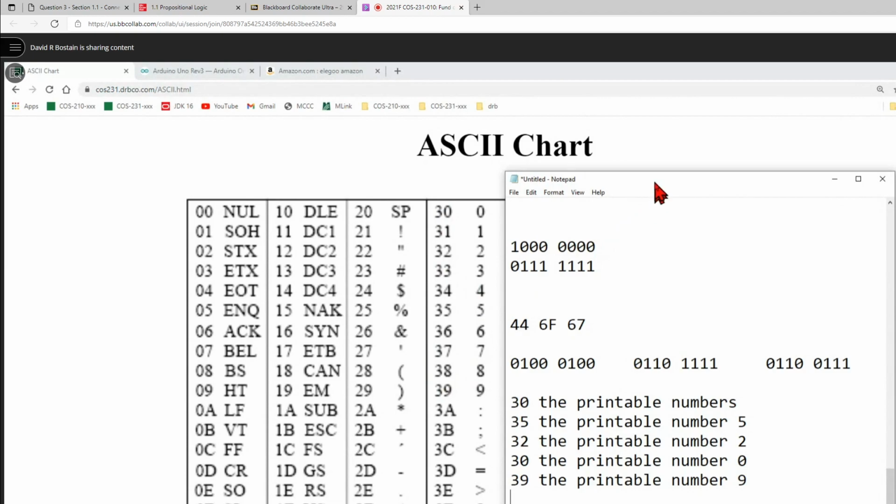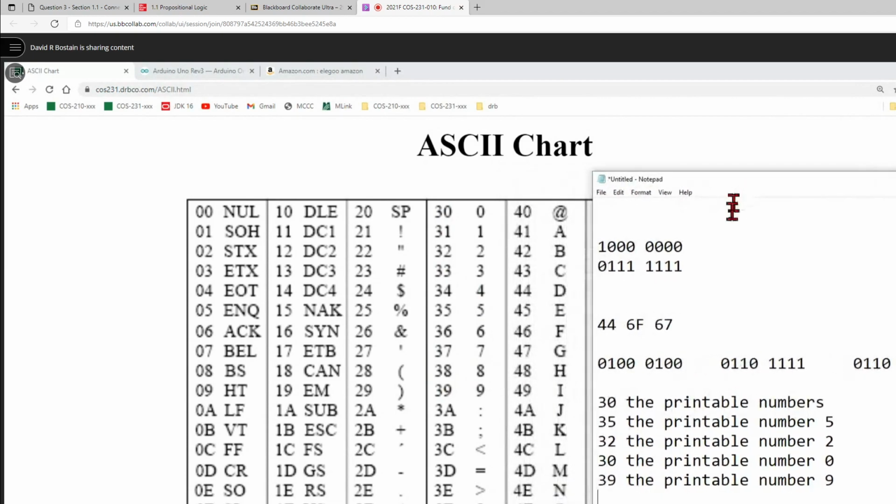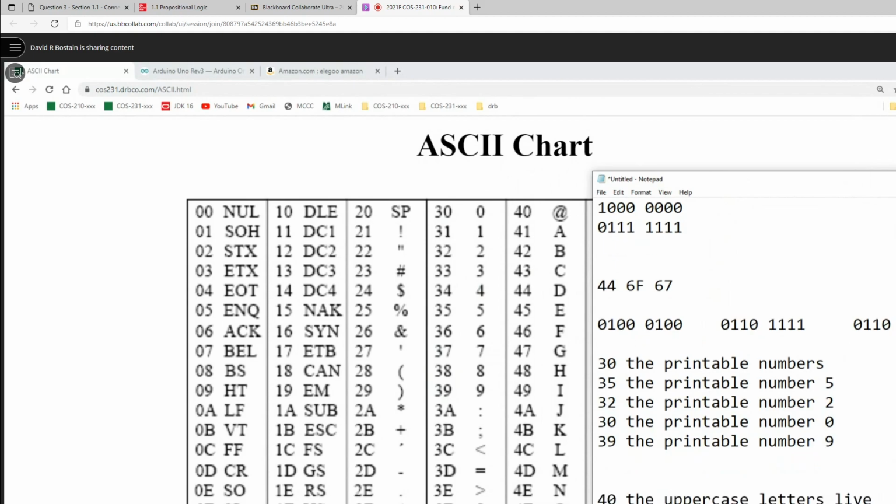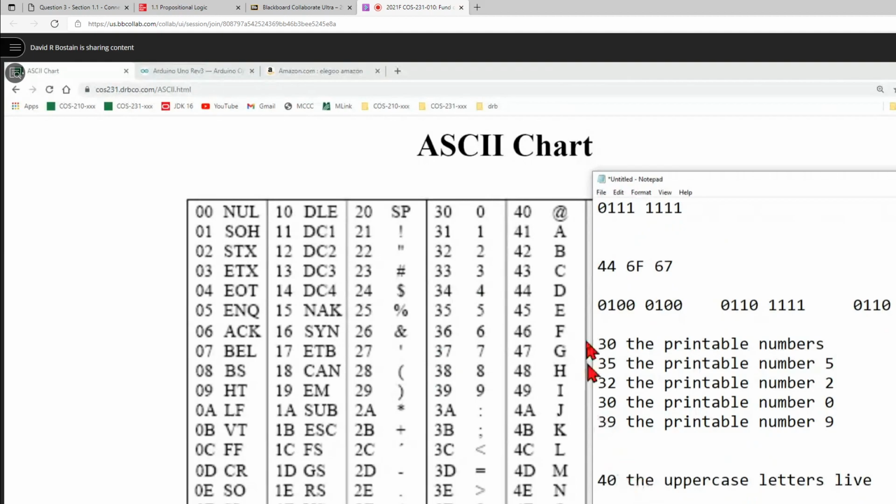The second place to memorize is the number 40. This is where the uppercase letters live. Now, the first one is not really a letter, but the first letter of the alphabet, which is A, is 4 and a 1, right?